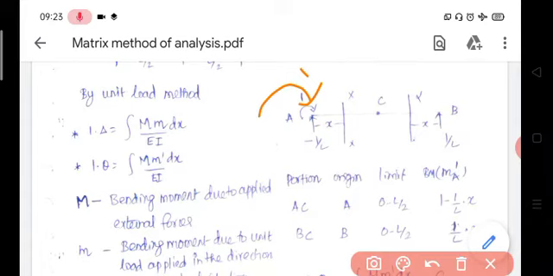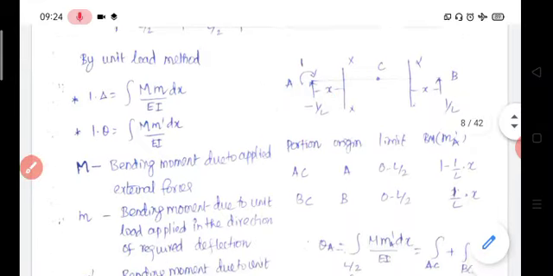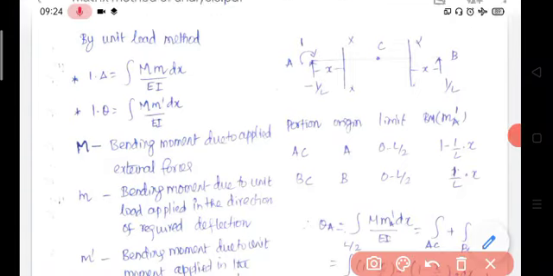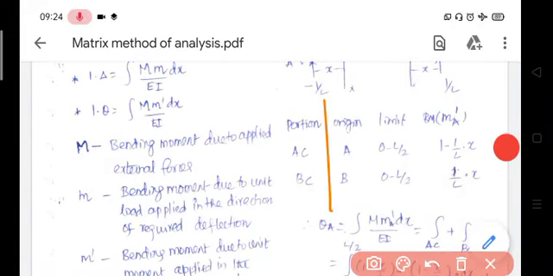So the support reactions are Vb is equal to 1 by L, Va is equal to minus 1 by L. Again we have to determine the moment due to that unit moment. For this we have to make a table like this: first column is portion, second column is origin, third one is limit, fourth one is bending moment, that is M dash, MA dash.